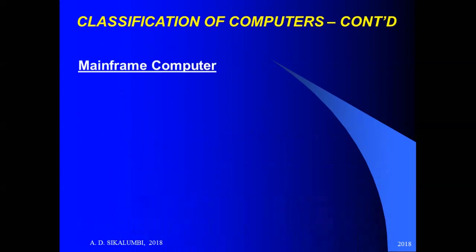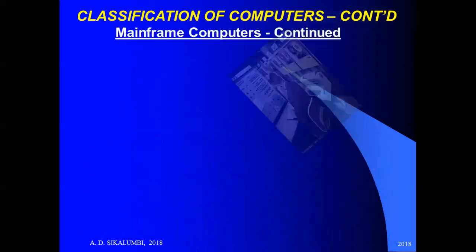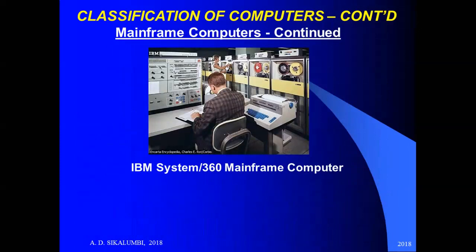Okay, I explained mini computers, mainframe computers. I explained also examples of mainframe, as we can see in that picture. We've got a very big computer in front of this man seated here who is trying to monitor. There must be a screen showing exactly how things are happening.